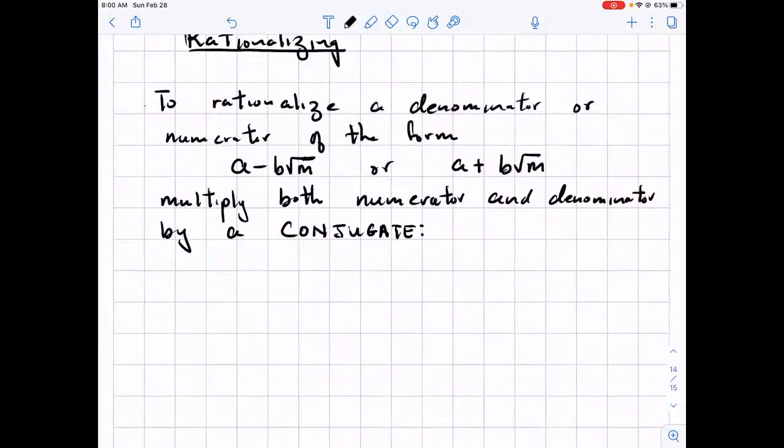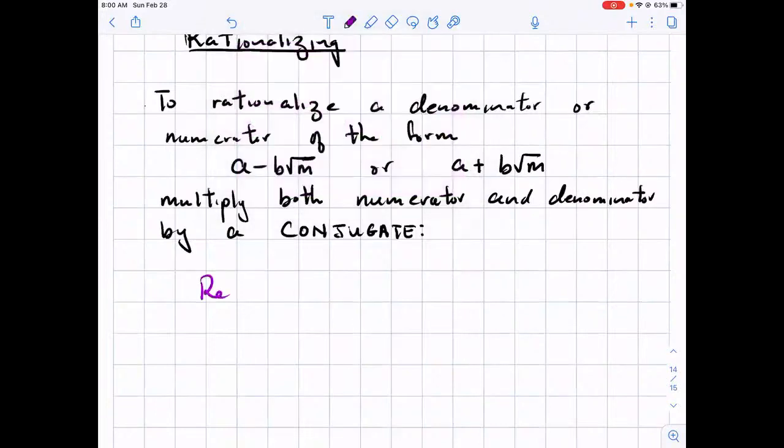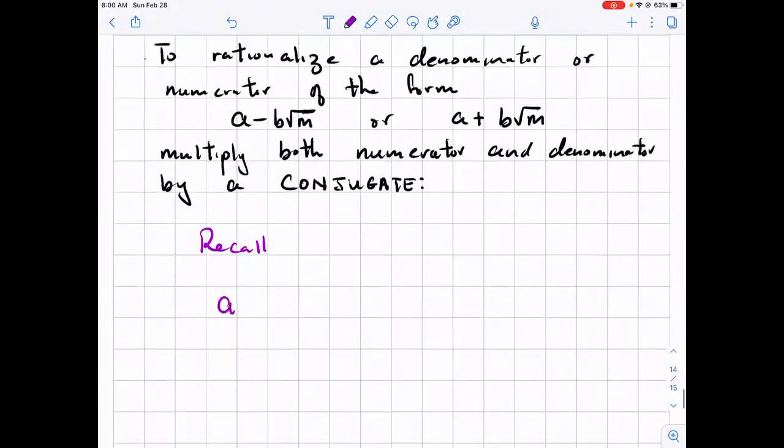And recall that if we have something as a minus b square root of m, the conjugate is a plus b square root of m.